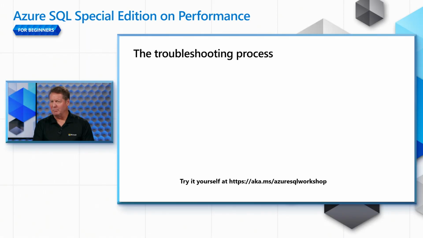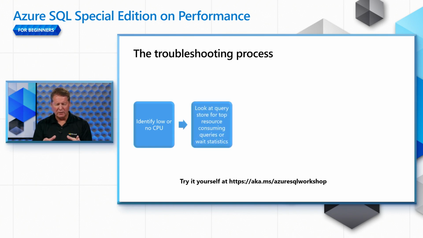So what's the troubleshooting process? We've seen this troubleshooting process before in other episodes. What does it look like for a waiting problem due to blocking? First of all, you'll identify this is going to be a low or no CPU scenario at an overview of your actual system. You're going to look at Query Store to see the top resource consuming queries, or even wait statistics, to see what are the queries that could be causing or involved in this low or no CPU scenario.